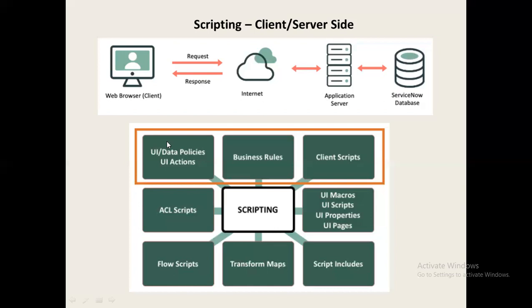The important difference between a UI policy and a data policy is that a UI policy only applies to user interfaces, which means when you're doing it from the front end, from the browser.